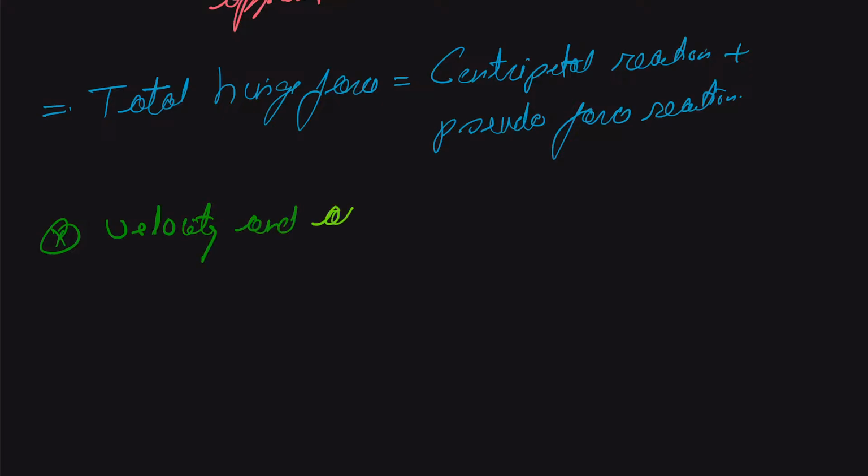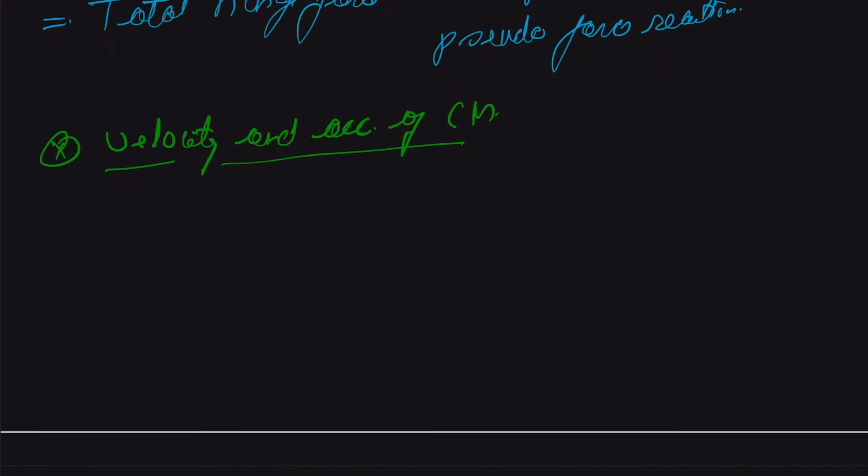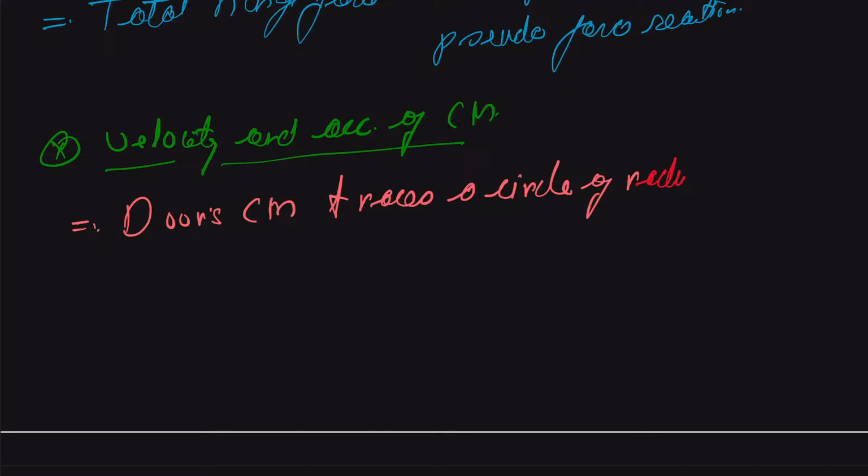Our door's center of mass is going to trace a circle of radius r, and that r will be equal to W upon 2, where W is the width of the door, which is given to us.